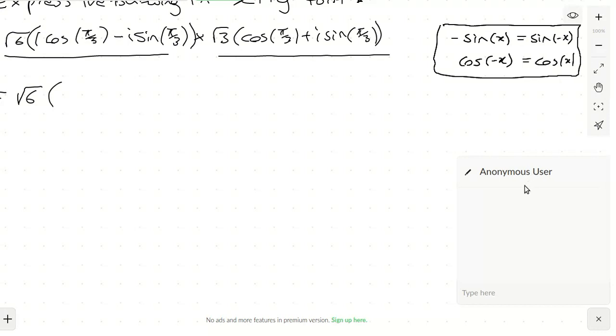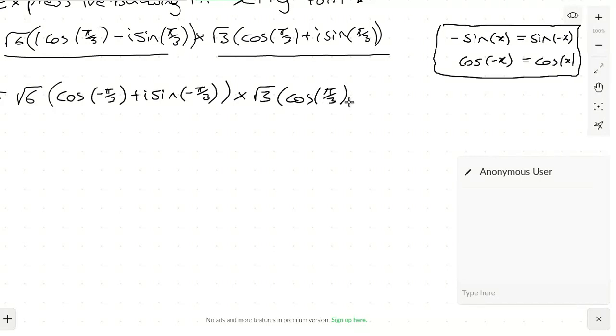So what am I going to do? I'm going to change this one and leave the other, because I want those to be the same thing. So I'm going to make this one cos of minus pi over 3, because that's the same as cos of pi over 3, and then plus i sine of minus pi over 3, multiplied by root 3 times cos of pi over 3 plus i sine of pi over 3.